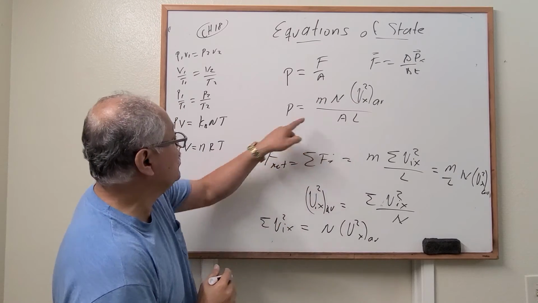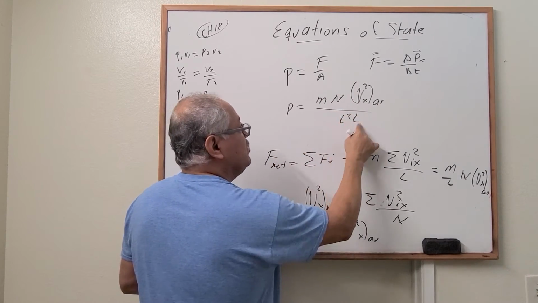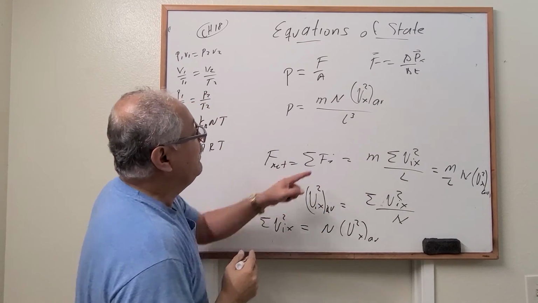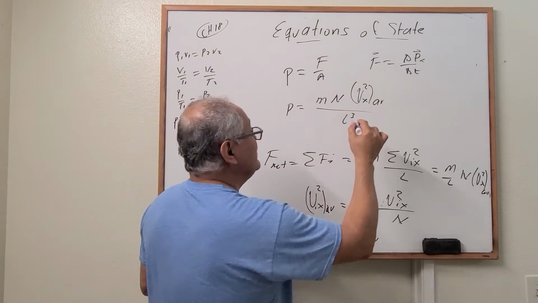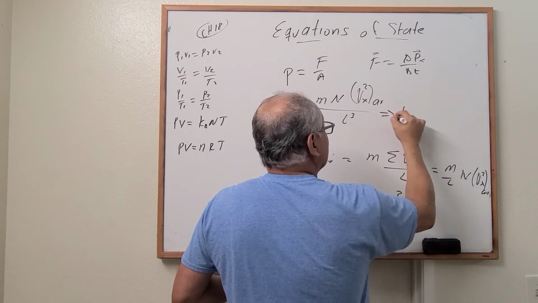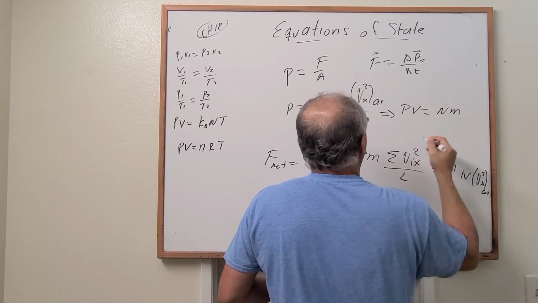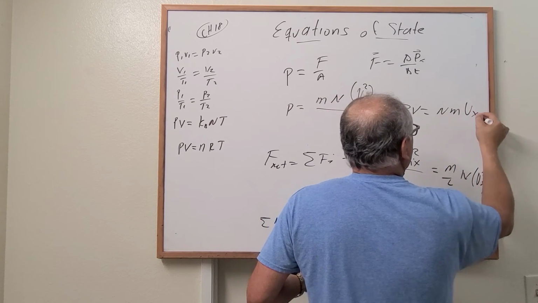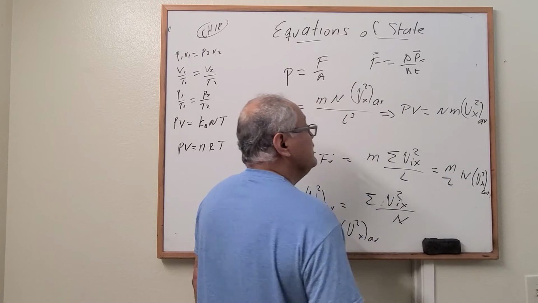But what is the area? The area is L squared. So when we multiply these two, what do we have? L cubed. But L cubed equals volume. So from here we have that PV is equal to n, for each particle, times the average of the speed squared, times the mass.